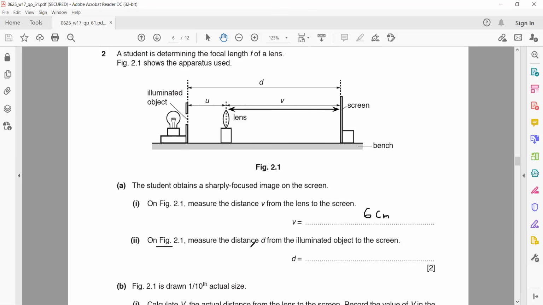Figure 2.1, measure a distance d from illuminated object to the screen. So you will place a ruler and measure this distance. For example, that is 8 centimeter.